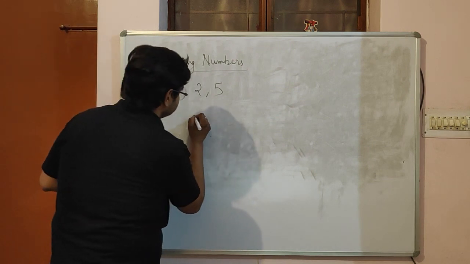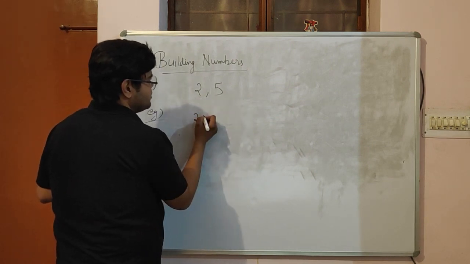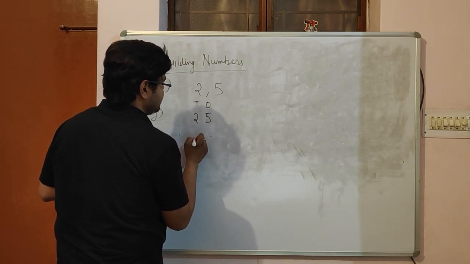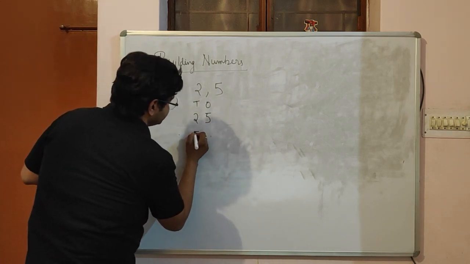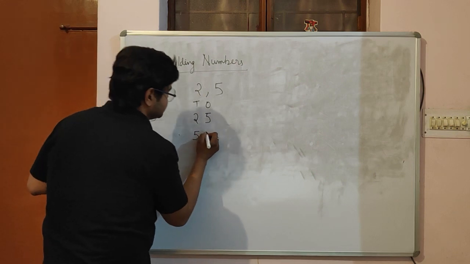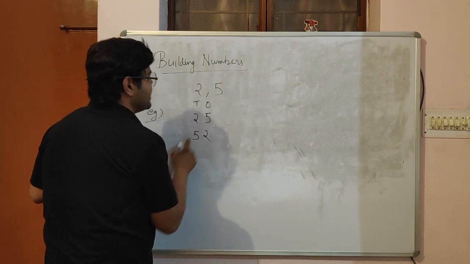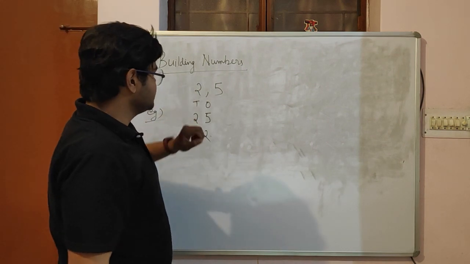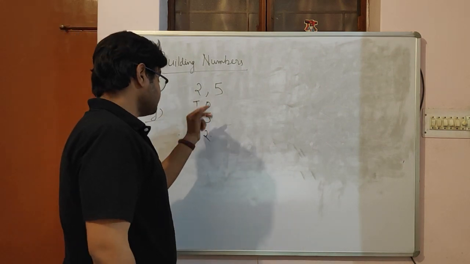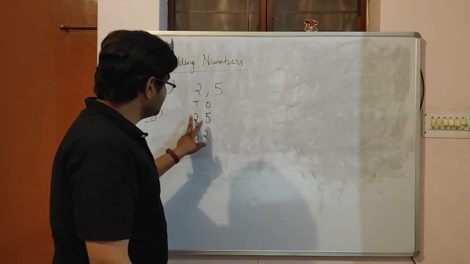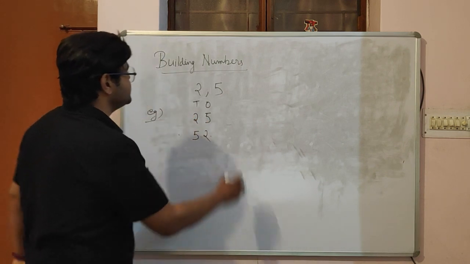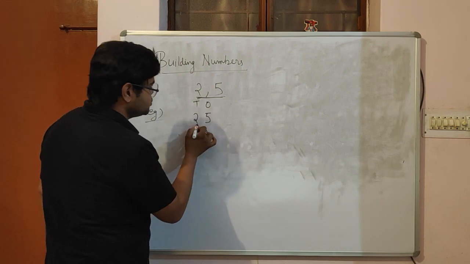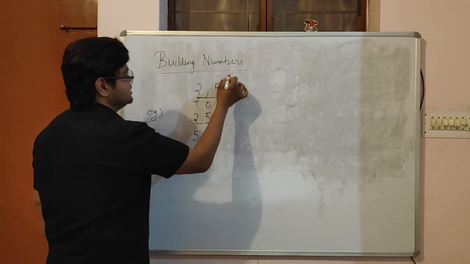So, we have 2 and we can fix 5 here, ones, tens. Now we fixed 5 here, and what are we left with? 2. So 25 and 52. So from these two digits we are able to form two two-digit numbers.